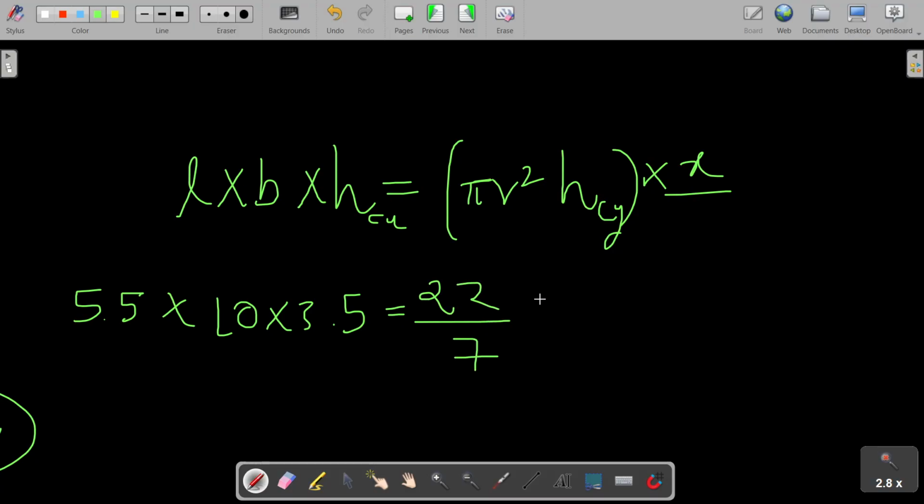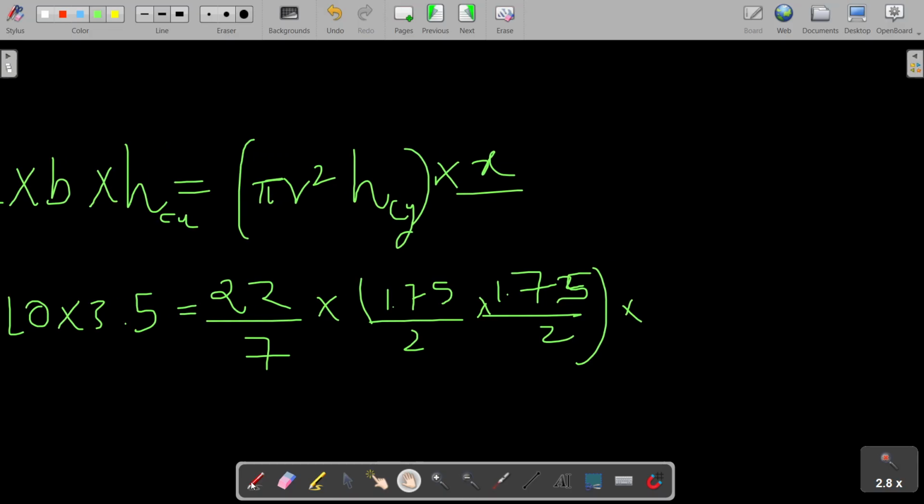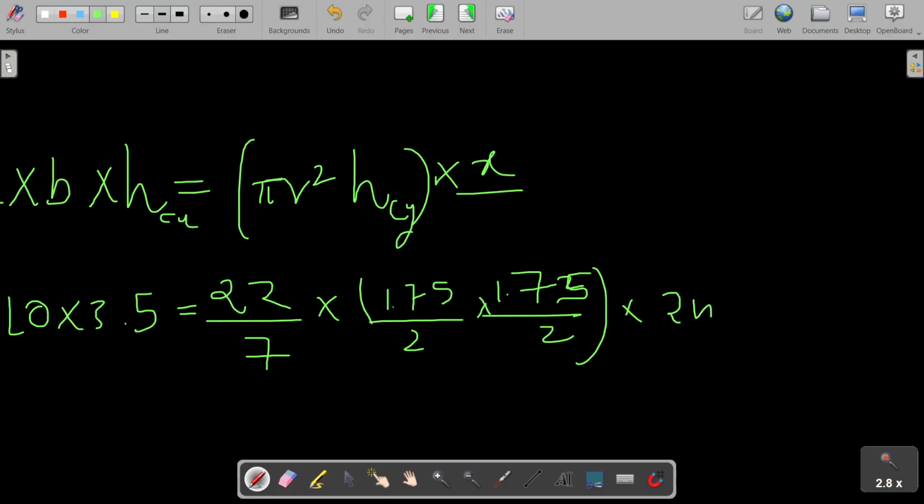The pi value is 22 over 7, and the radius of the coin is 1.75 over 2 into 1.75 over 2. I'm writing it like this. Over 2 into height of the cylinder, which is 2 millimeters, into x.